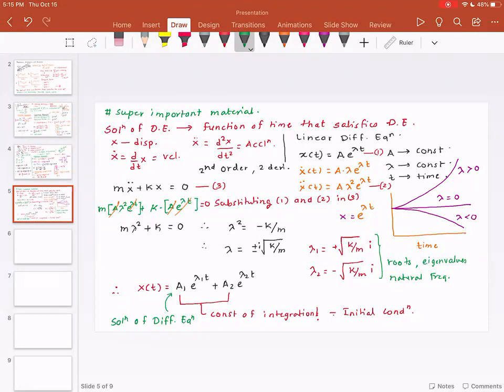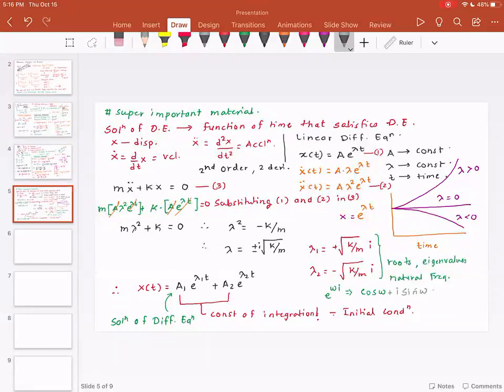And whenever you have e to the omega i, from Euler's identity, what you have is cosine omega plus i sine omega.